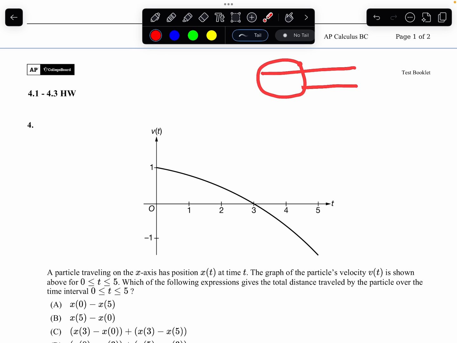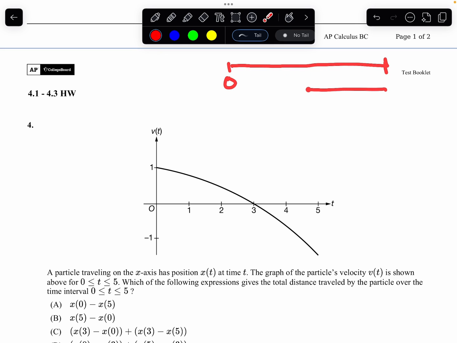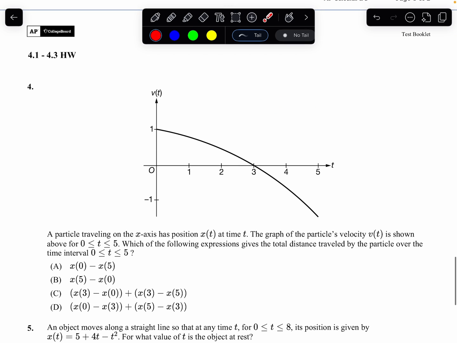So you're starting at position 0, let's say on a horizontal line, you move 10 feet to the right, but then you move 5 feet to the left. Your displacement is 5 feet right here. But the total distance traveled would be 15 because you moved 10 and then you moved 5. So that's the total distance. Okay? So which of the following gives the total distance traveled?